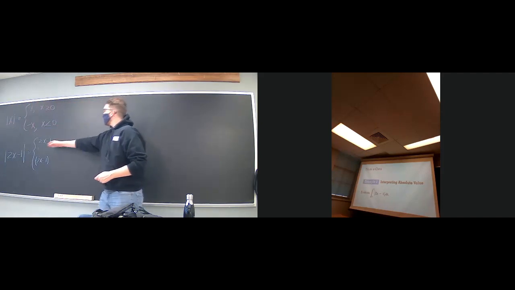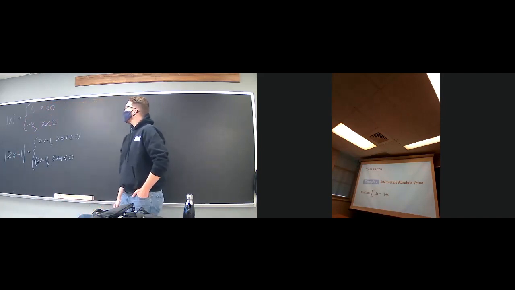It's playing the role of x as it was up here. We're going to have 2x minus 1 wherever there's an x here. Makes sense what I mean? 2x minus 1 greater than or equal to 0. 2x minus 1 less than 0.